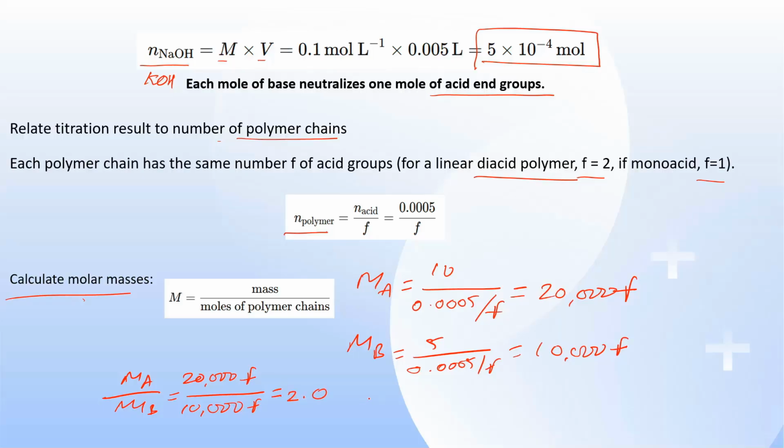So the ratio of molar mass of polymer A to the molar mass of polymer B is 2.